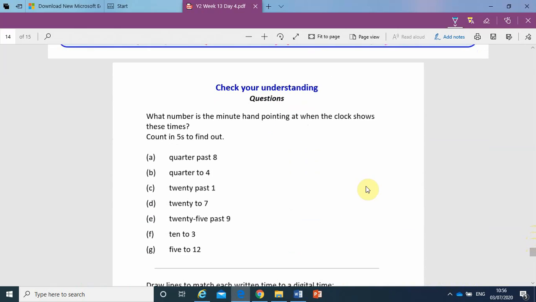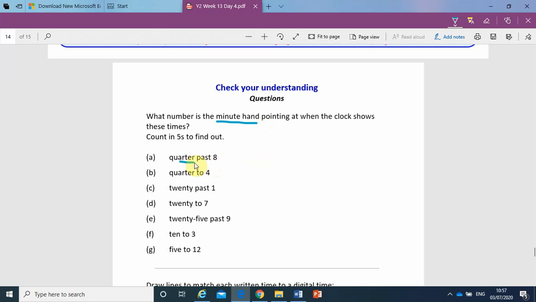Okay, and final activity, check your understanding. What number is the minute hand pointing at when the clock shows these times? Counting fives to find out. So this is the minute hand. This links again to our 5 times table, which is why understanding 5 times table is so important in year 2. 8:15.